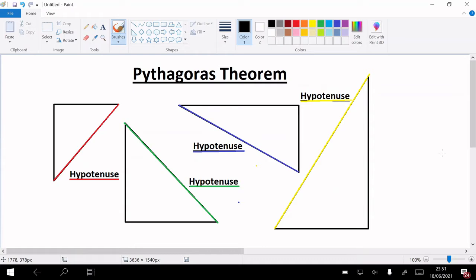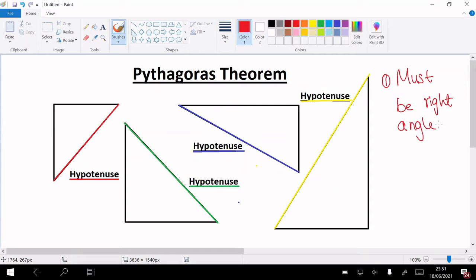So let's get started. The first criterion for using Pythagoras theorem is that the triangle must have a right angle. If you don't have a right angle, you cannot use Pythagoras theorem.